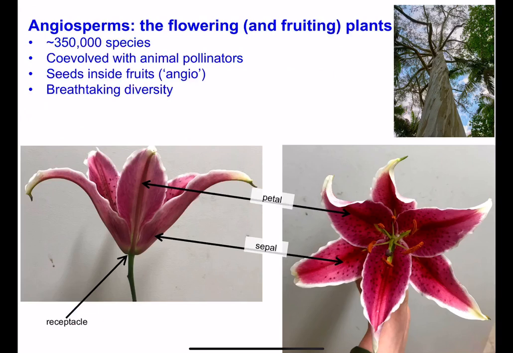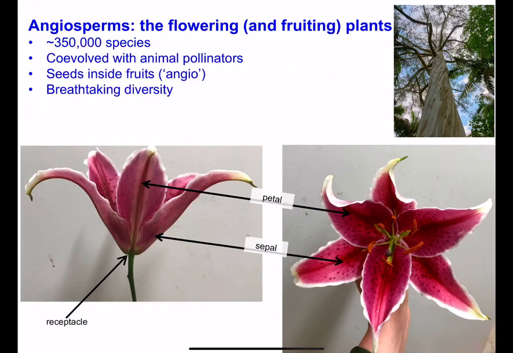Angiosperms have an extremely massive amount of morphological diversity. We see very tiny plants, smaller than mosses, all the way up to organisms that rival our giant redwoods and sequoias, like the eucalyptus, a notable example of a particularly large angiosperm.